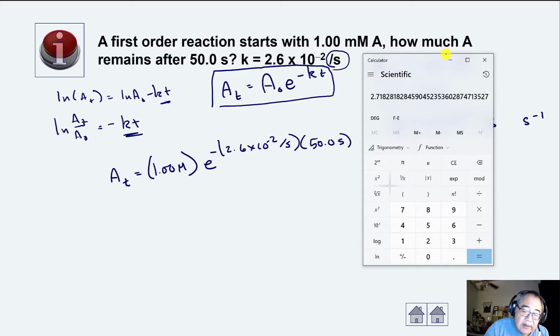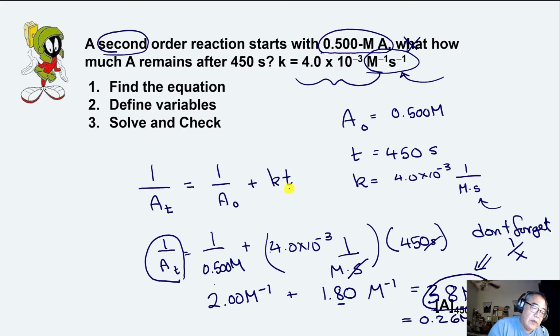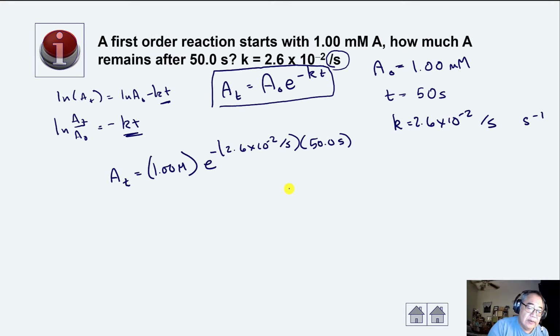Yes, it is. I thought it was just going to do it for me, but it's not that easy. That's e raised to the power of negative 1.3, and that becomes 0.2725. My cat is crawling around my desk. And it doesn't have units because these units will cancel out.